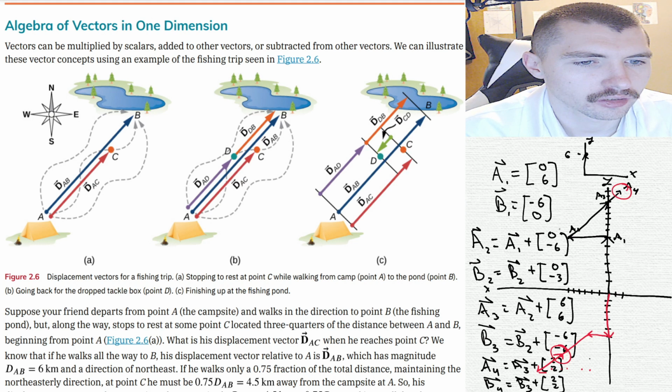And finishing up at the fishing pond. So, A to C, A to B, A to D.